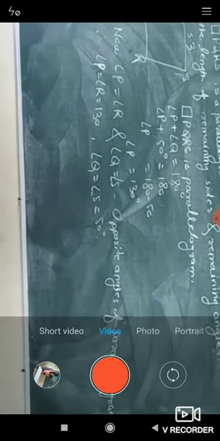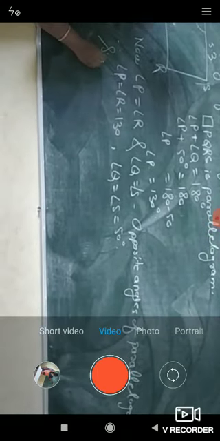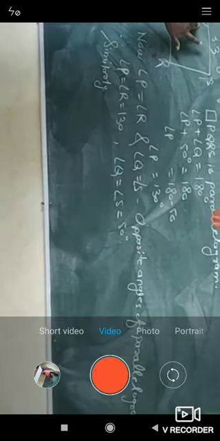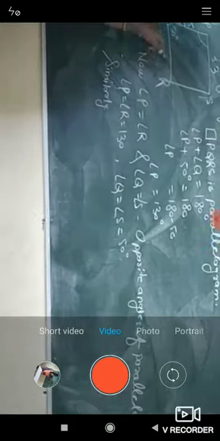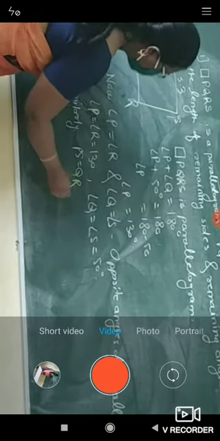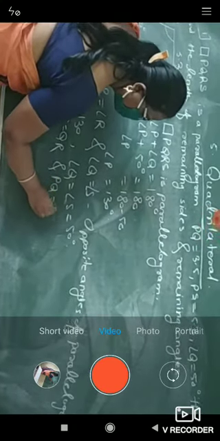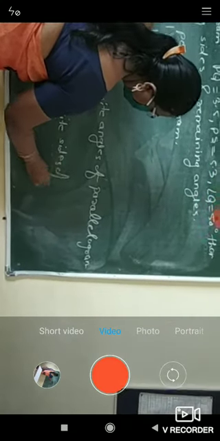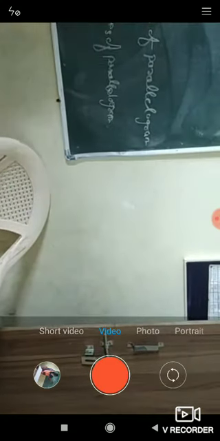So here write, similarly, opposite sides are also congruent. PS is equal to QR, and PQ is equal to SR. So the reason is that opposite sides of a parallelogram are congruent.